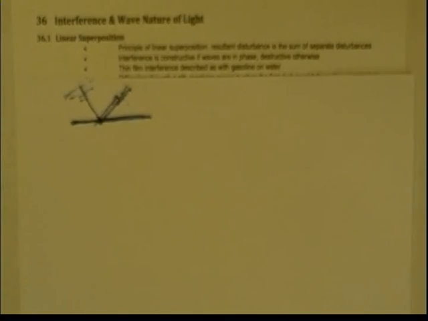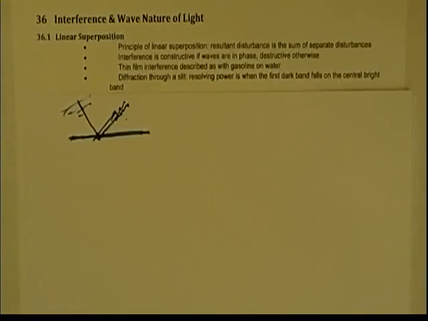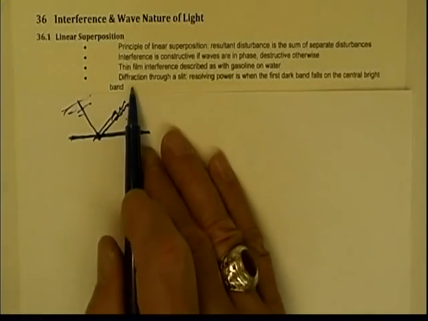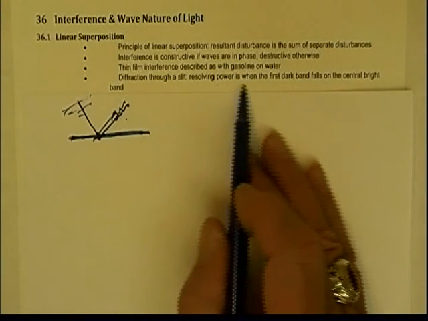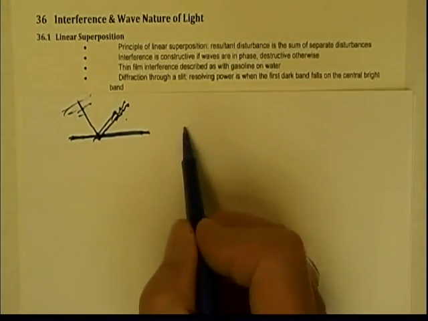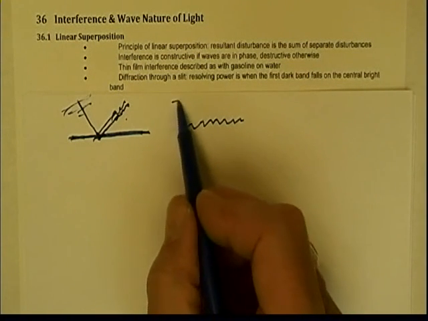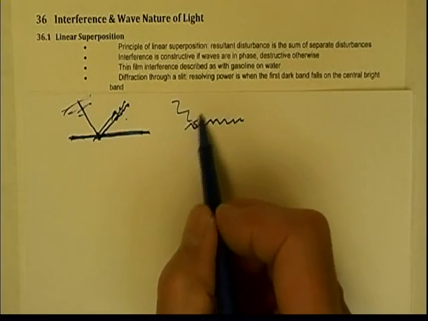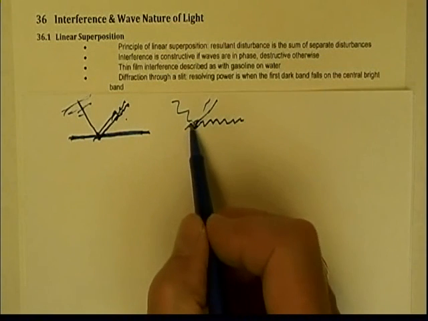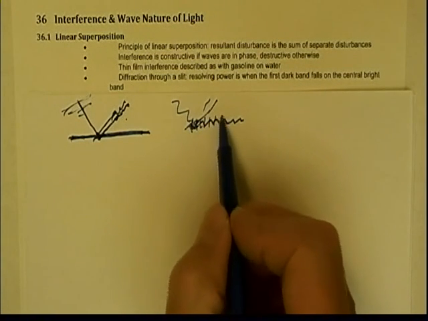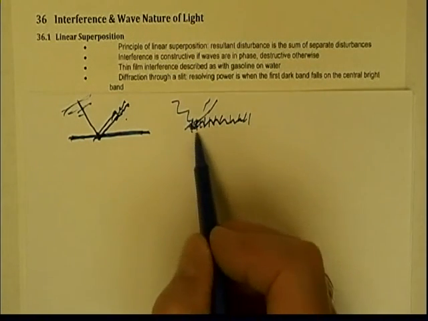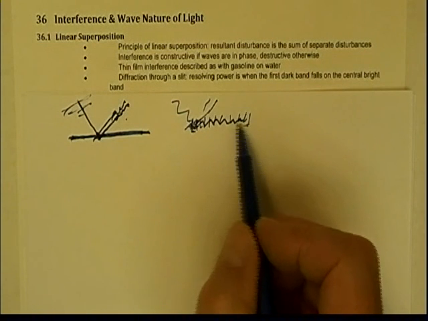We can also see similar types of effects with a CD or a DVD, and that gives us diffraction as we look at these bands, and we look at light coming in and reflecting from these different parts of the surface. If these cuts are very, very close together, this forms what is called a diffraction grating.